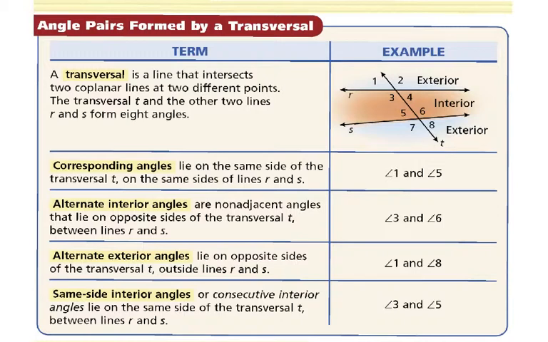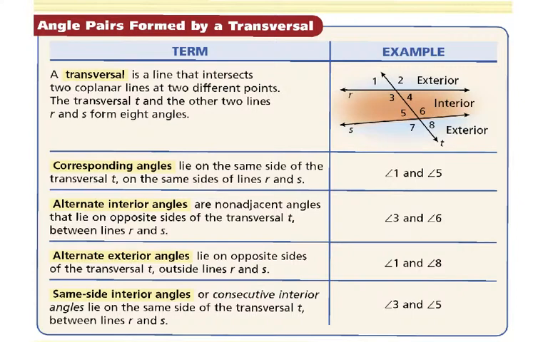What I mean by position is, like, angle 1 and angle 5 are both above the 2 lines. So they're both on the same side, and they're both above their lines. They're on the 2 lines that are in the same plane. Okay, so 1 and 5 are called corresponding angles.